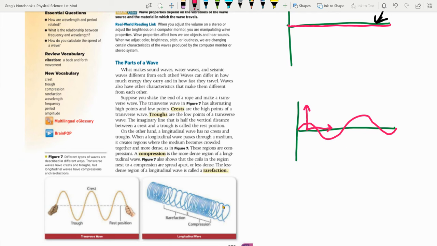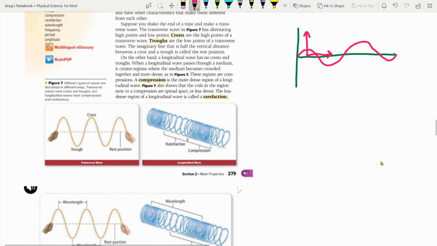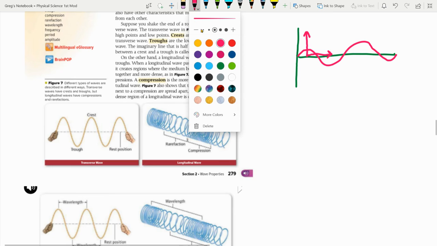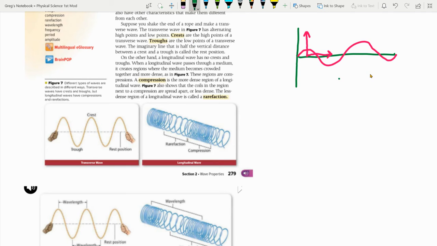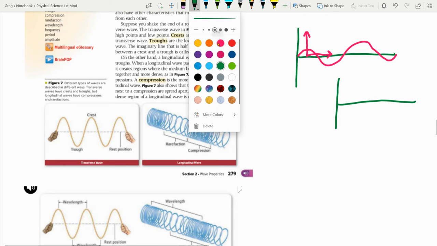And in a compressional wave, we'll just draw one of those real quick too. Why not? It's not going to hurt anything. In a compressional wave, I'm going to draw it real close here to this. There's our rest. And let's make our compressional waves blue today.